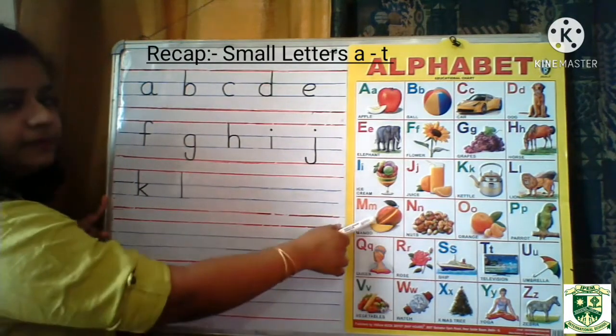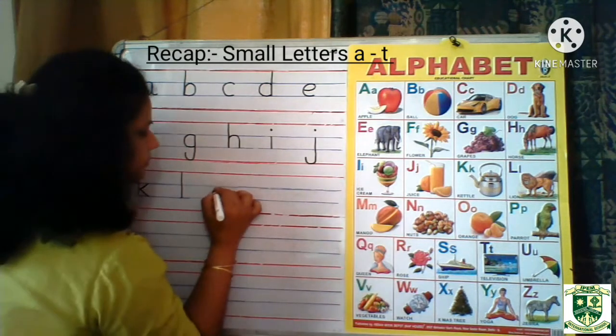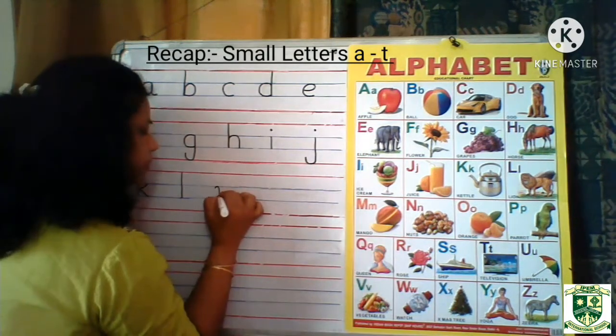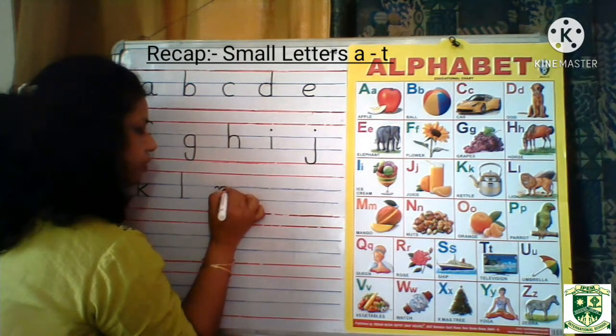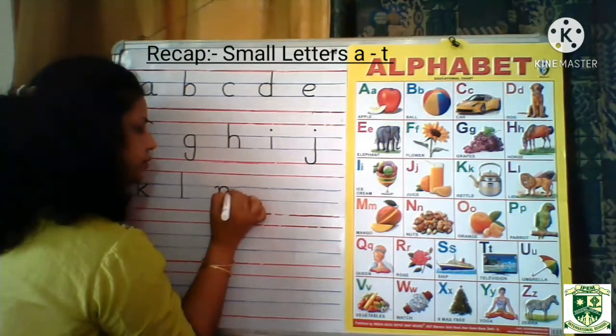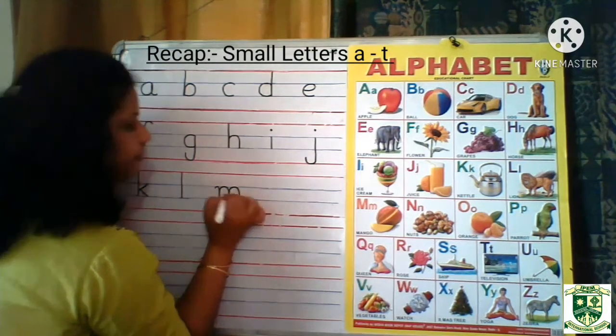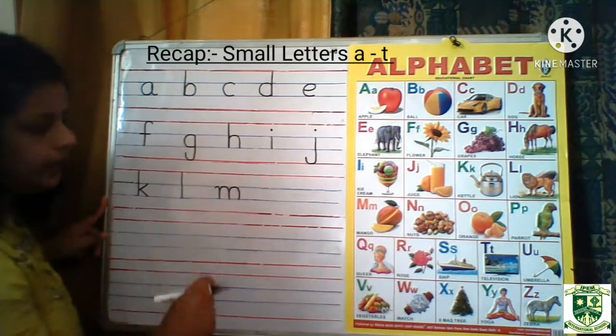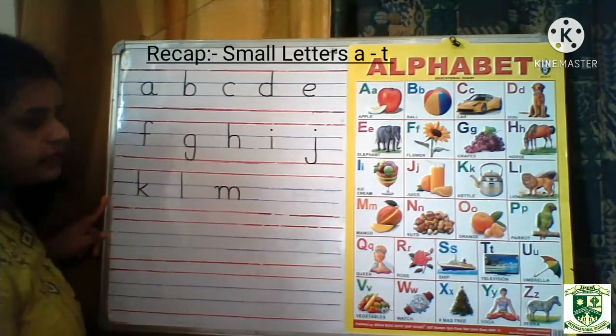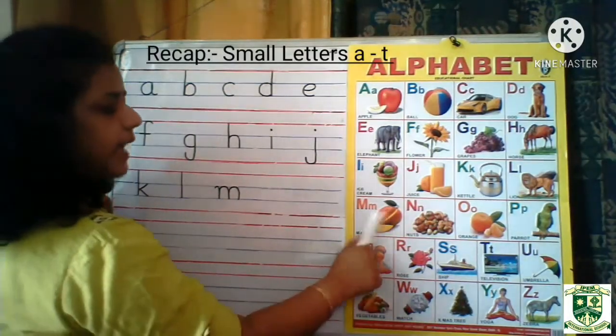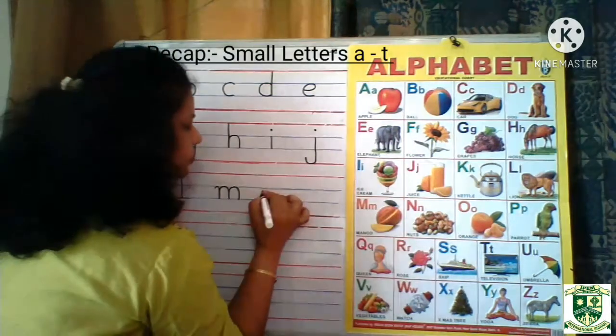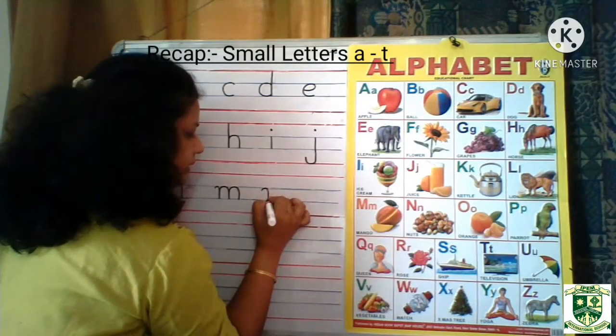After that comes m. Like a mountain zig. Then how will we do it? In between the two blue lines we'll give right curves 2 times. See, this is how we'll write small m. What comes after m? n. So this will be only one mountain.